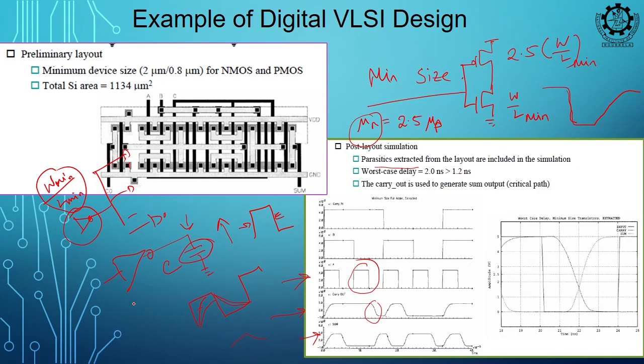Now, my question is, why is L minimum? One is increasing the current value. Take the next: R on is L by W, so to reduce the switch resistance, that is another reason. Next, area.